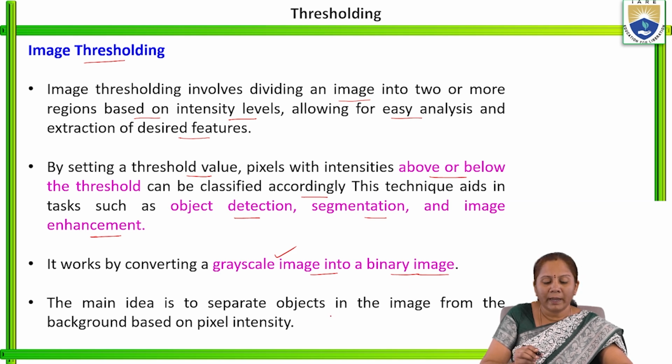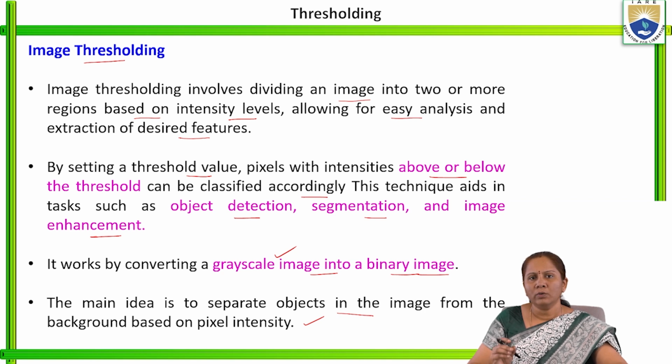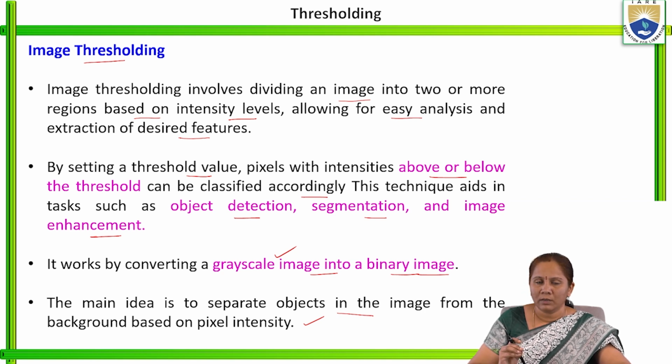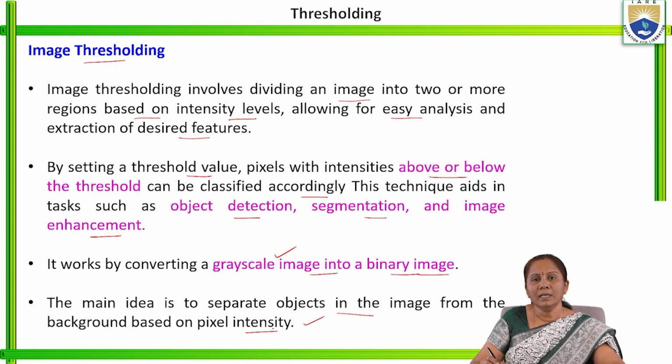The main idea of applying this technique is to separate the object in the image, which we call the foreground, from the background, based on the pixel intensity. If you are doing analysis on a particular area of interest, it is very necessary to separate that object from the background.